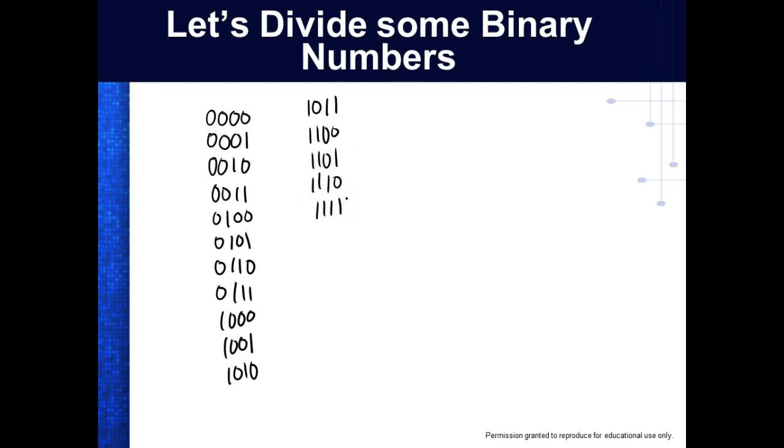I can't count any further without doing what? Well, this is 1, 2, 3, 4, 5, 6, 7, 8, 9, 10, 11, 12, 13, 14, 15, 16. That's 16 combinations.